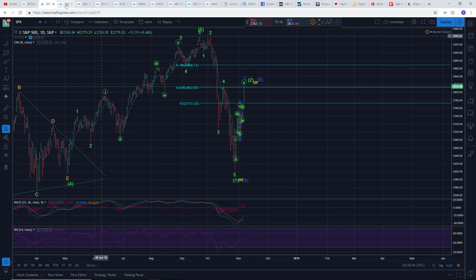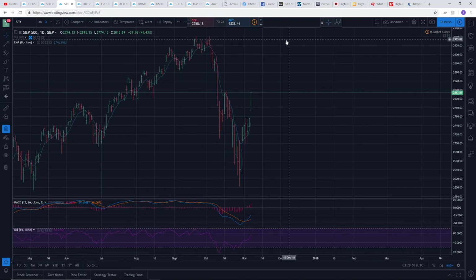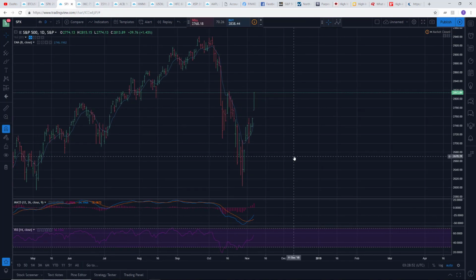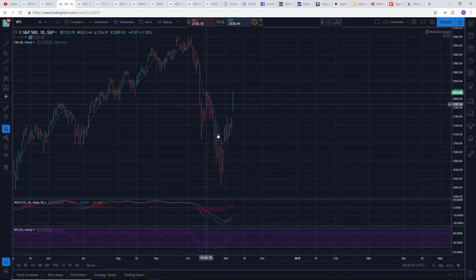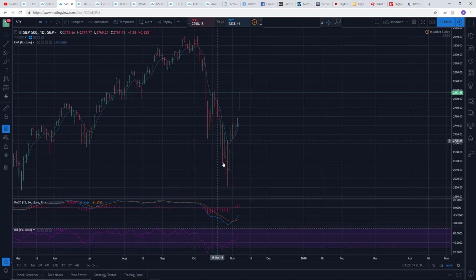Now that being said, before I go to the thinkorswim candlestick chart, let's just pretend this is completely blank. I have no wave labelings. I have no preconceived notions about where this is going. Let's just pretend this whole October decline never happened, and we didn't have the worst market in 10 years for the month of October.